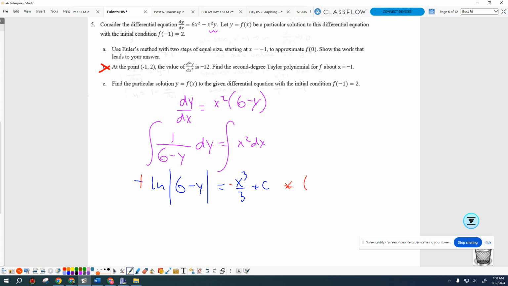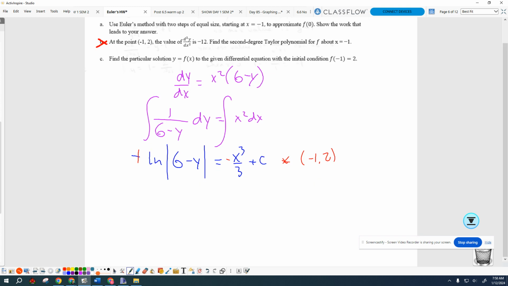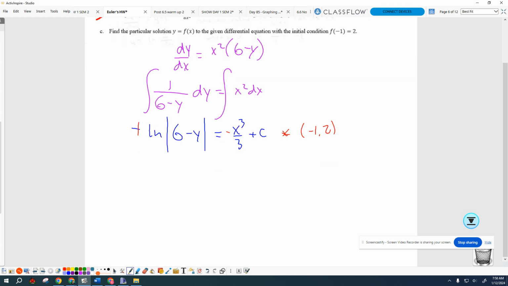And now I'm going to plug in the coordinate -1, 2. So Camden, what do I get when I plug in that coordinate? I guess 1/3 plus C on the right, and then ln 4. So 6 minus 2 is 4, absolute value is just that positive, and -1 cubed is -1, but there is a negative on it, so it's positive 1/3, okay.